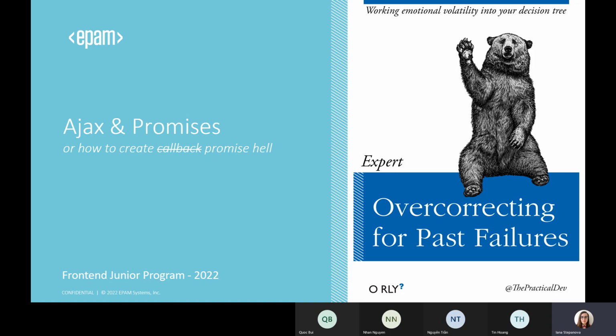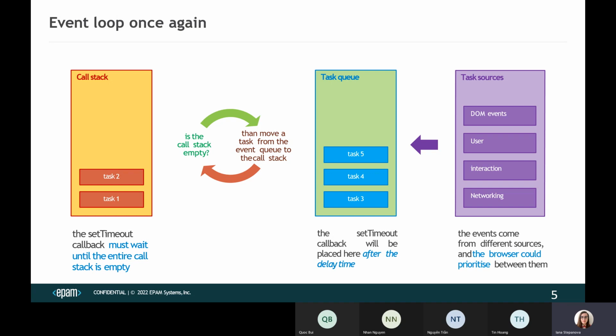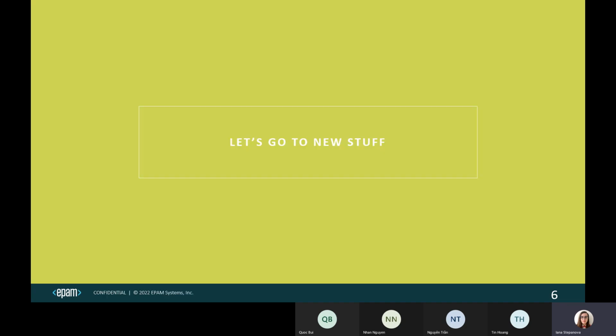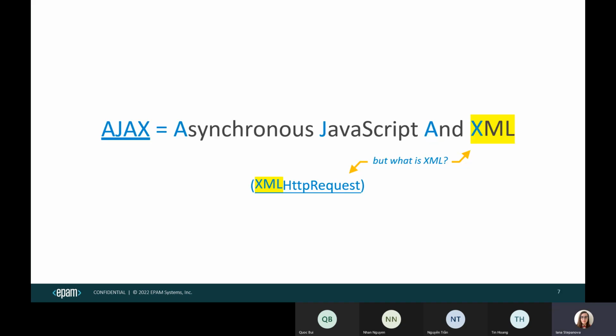Okay, now I'm resharing my presentation and let's go to our today's topic, the new stuff, asynchronous JavaScript, Ajax. So, what is Ajax? Ajax is a technique for creating fast and dynamic web pages.